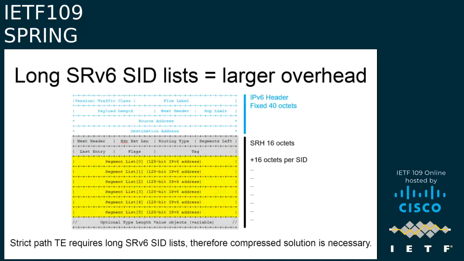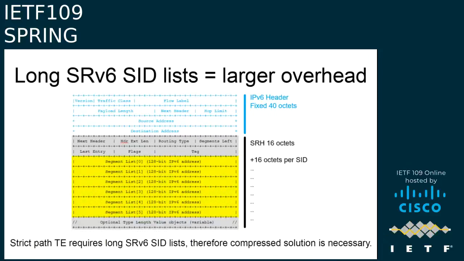Just now someone asked if there are use cases. I think this figure here shows the packet header with SID list. Obviously if a strict path TE is deployed, the SID list will be too long. For example, 8 hops will take about 128 bytes of SID list more.